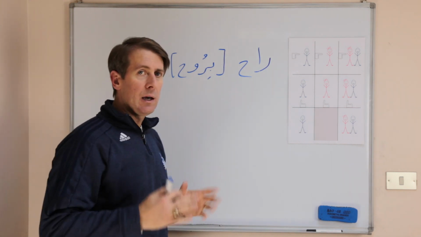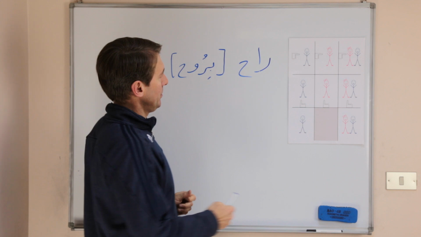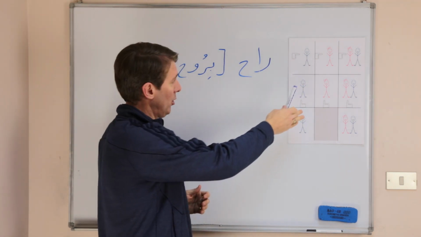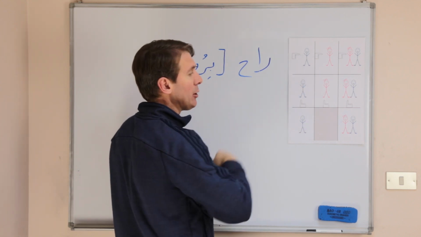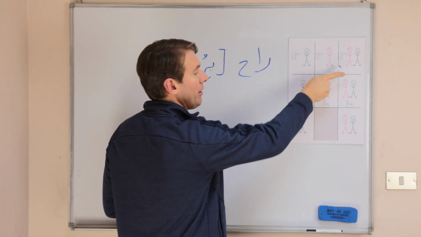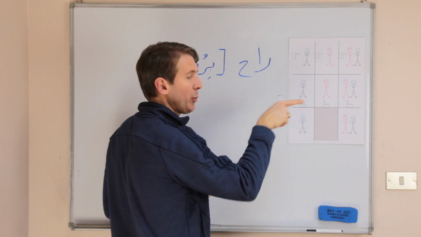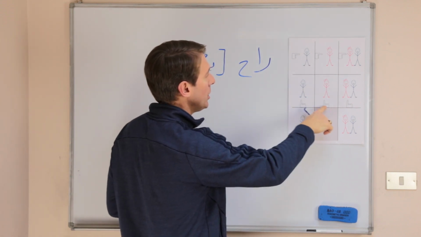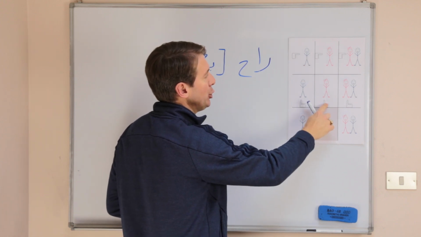So let's look at the conjugation for this. This is past tense, always the default. This is he, you're pointing to someone. He, she, they. And this is you, you're pointing to a person. You, masculine, you, feminine, for a girl.